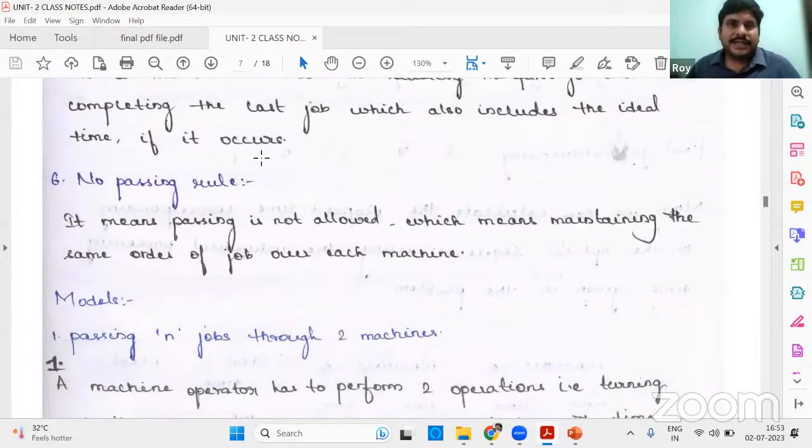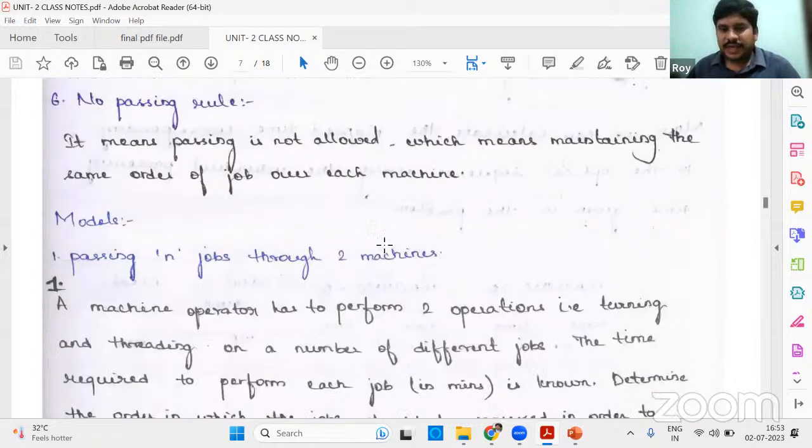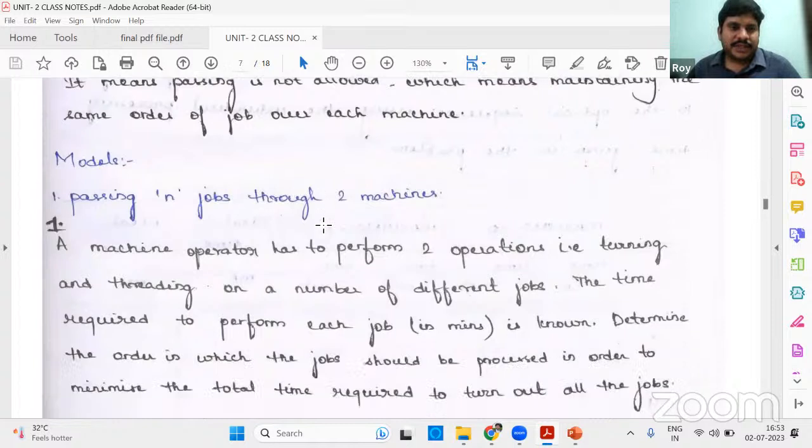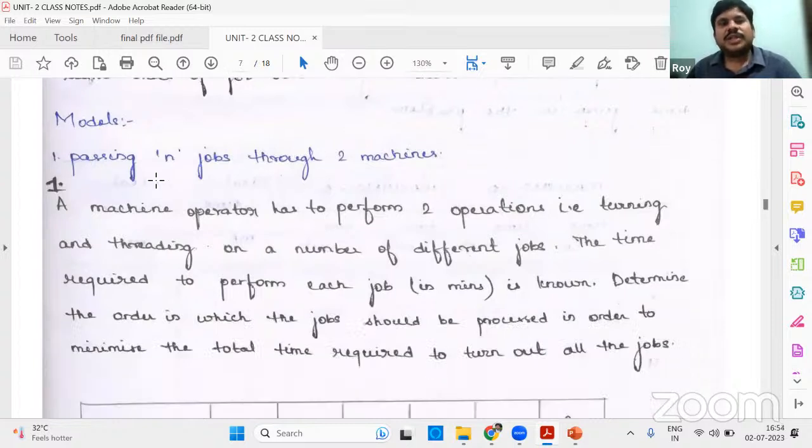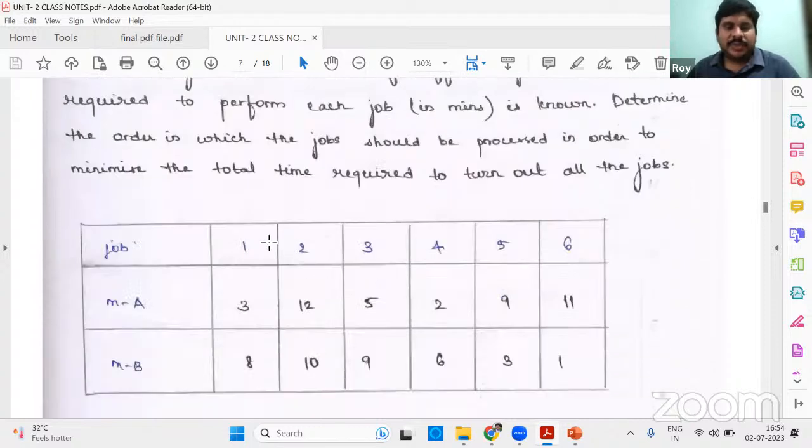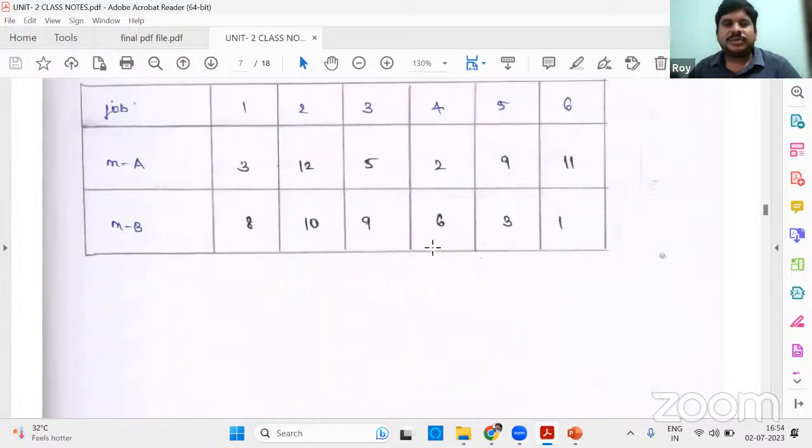In the next class on Saturday we will see more, because we can't complete it in the next 5-6 minutes. I think we can stop here. The first model is that there are n jobs, but only 2 machines. There may be 6, 7 or 8 jobs. We have 2 machines here. And what is the order of the jobs? First, we need to set the order of the jobs.